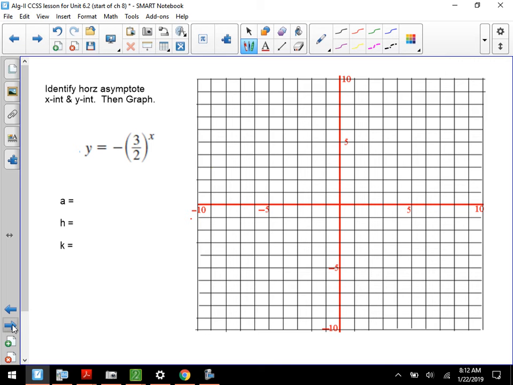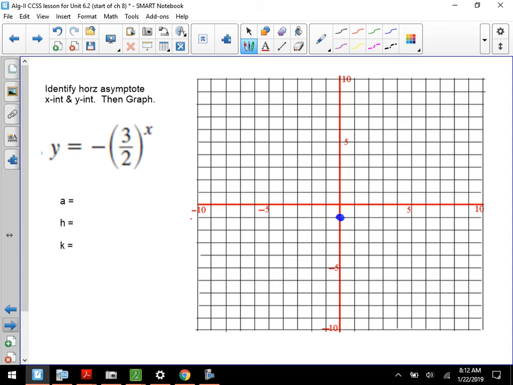Anyway, what's your A value now? Your A value is -1. Good. So where's your y-intercept going to be? Your y-intercept will be at -1. So we know right away that my y-intercept is going to be at -1. We haven't done this version of this yet. Is there an H or a K? No, so there's no horizontal and vertical shift. So where's your horizontal asymptote?